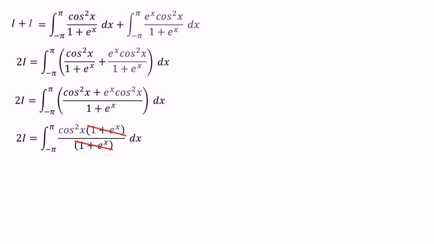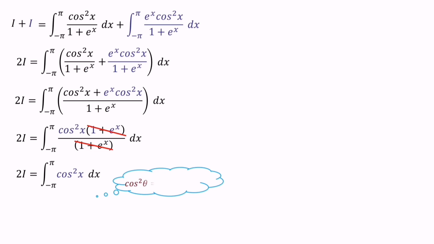After that we have the integral of cos squared x. Cos squared theta equals 1 plus cos 2 theta over 2. So here we can write cos squared x as 1 plus cos 2x over 2.